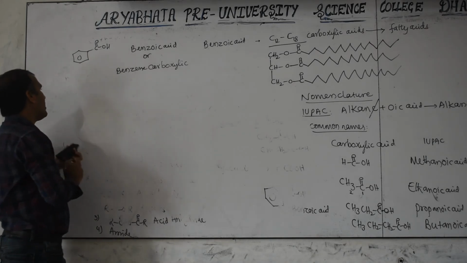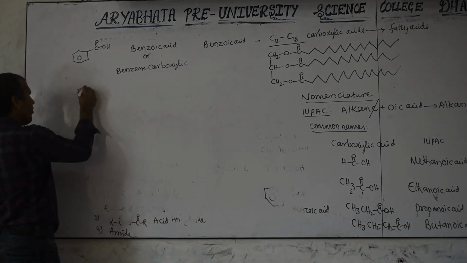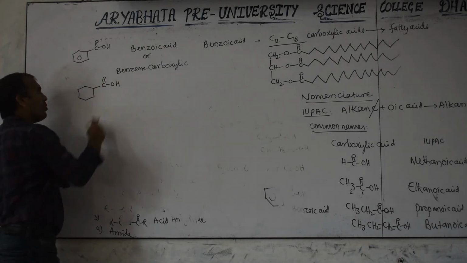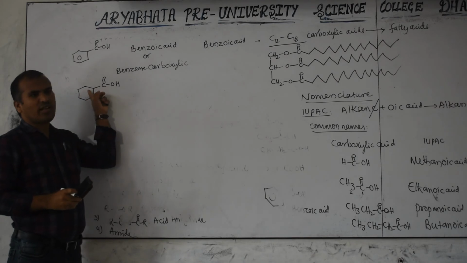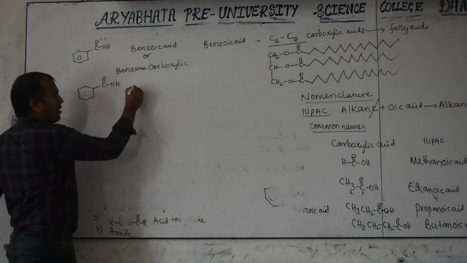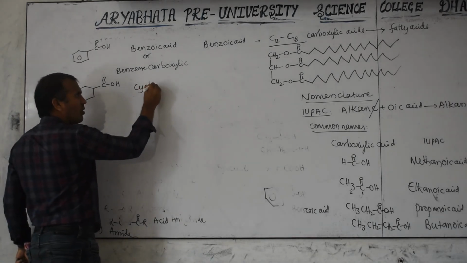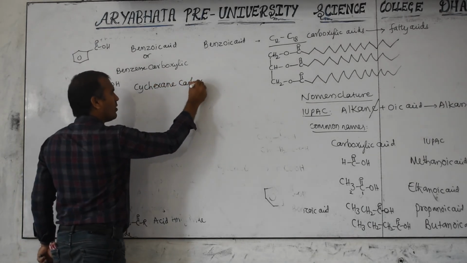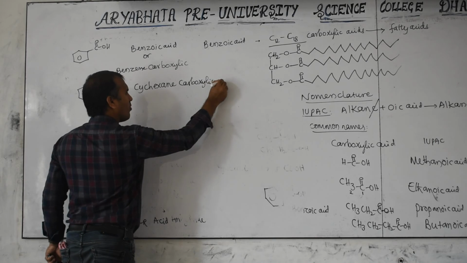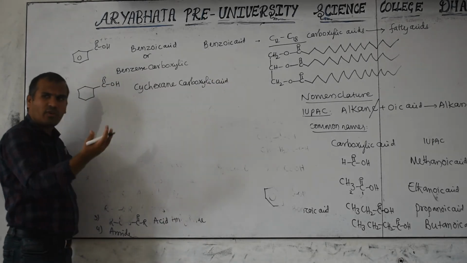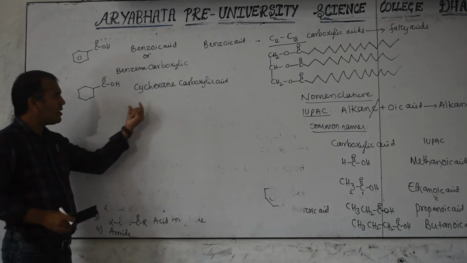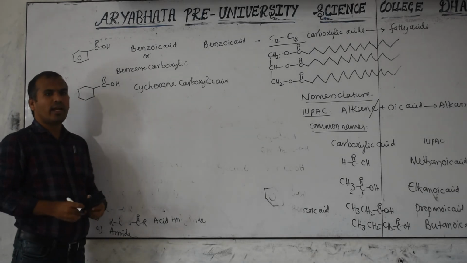If it is given like this, with a saturated ring, we cannot say benzoic acid because the ring is not aromatic. Then what do you have to say? Cyclohexane carboxylic acid. The ring name first, followed by its functional group name. If an aldehyde is there, cyclohexane carbaldehyde.